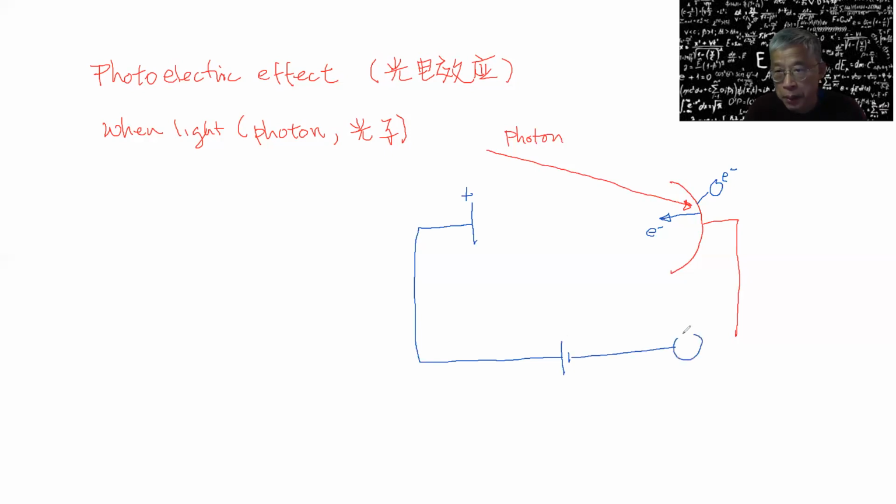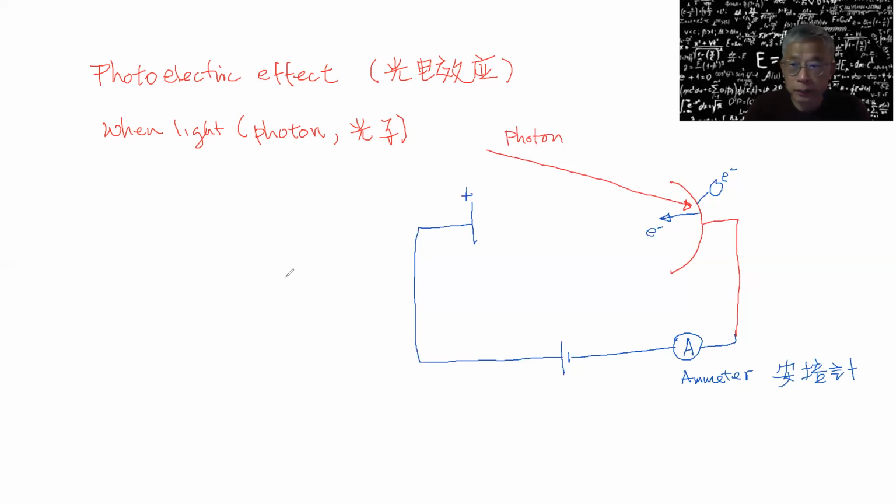We'll put an ammeter here to measure current. 安培计, it's called 安培计, to measure current. The current is going this way, but the electron is going the opposite way.